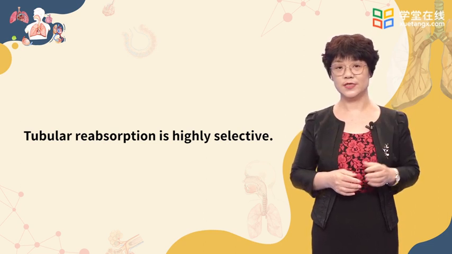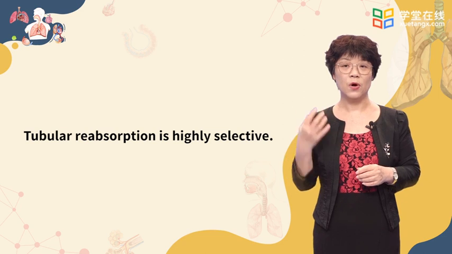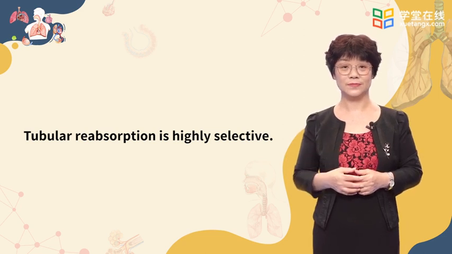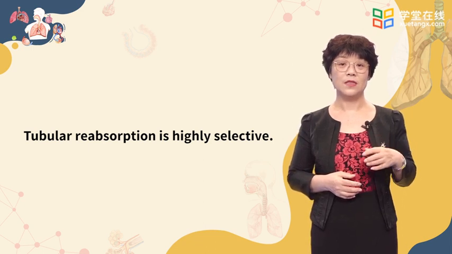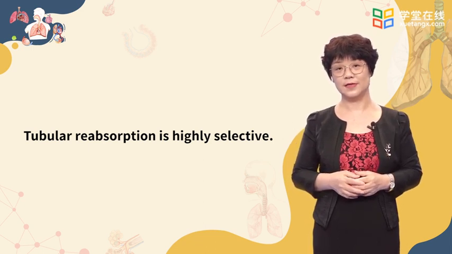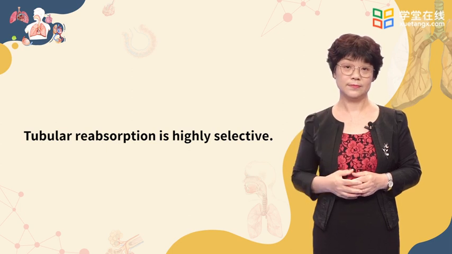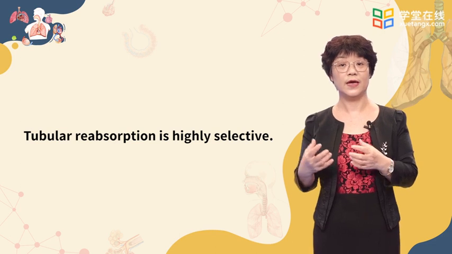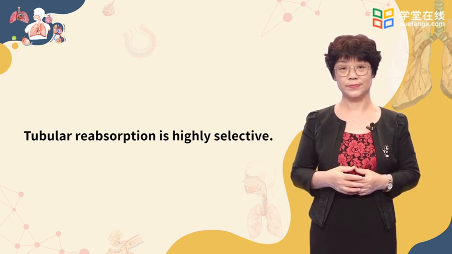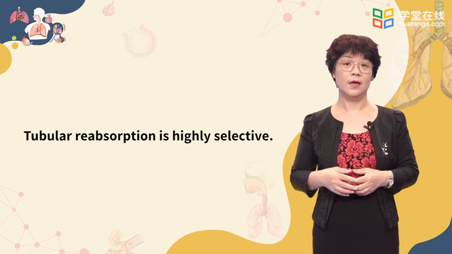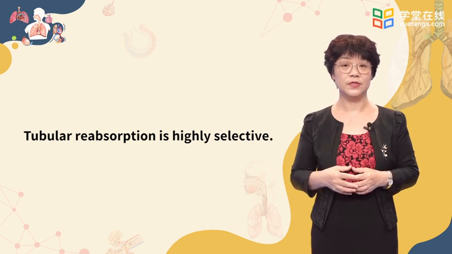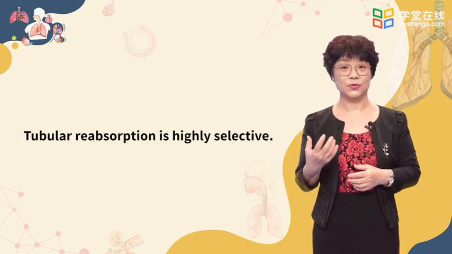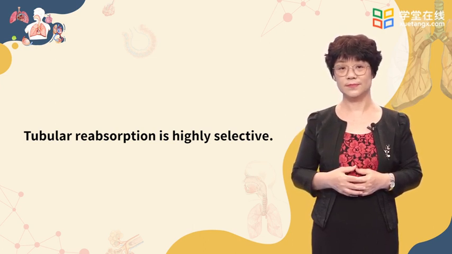Only those substances necessary for the body are reabsorbed by the tubular cells. Meanwhile, those unwanted substances, like metabolic waste, are not reabsorbed, and they are excreted in the urine. Therefore, by controlling the reabsorption of different substances, the kidneys regulate excretion of solids.